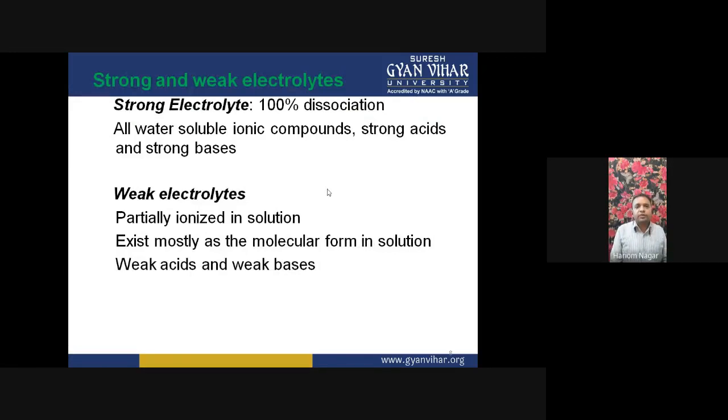These are substances which, when dissolved in water or a solvent, dissociate into ions, and these ions move towards oppositely charged electrodes and conduct electricity.